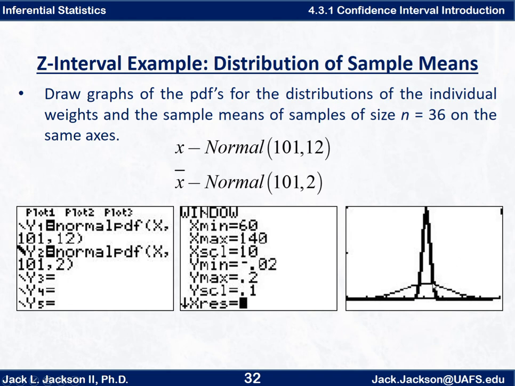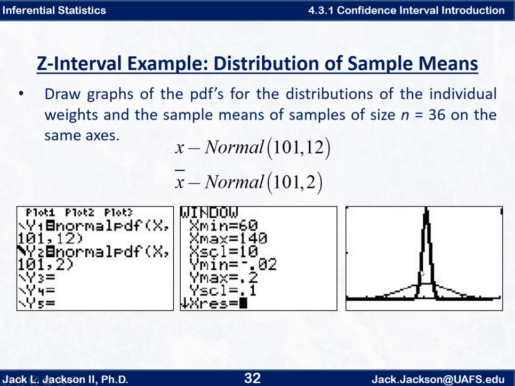So the shorter, fatter one is the distribution of individuals. That's the one with standard deviation of 12. And the one with the standard deviation of 2 is much more tightly packed, much more of the density near the mean, and so it's humped up higher and closer to the mean with less as you go out to the sides.